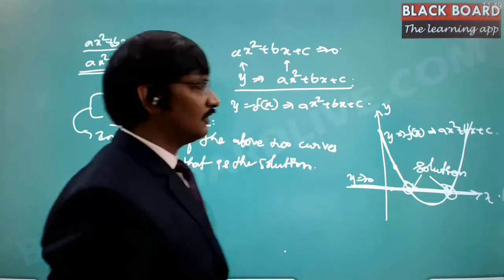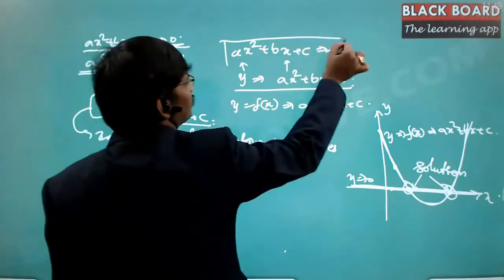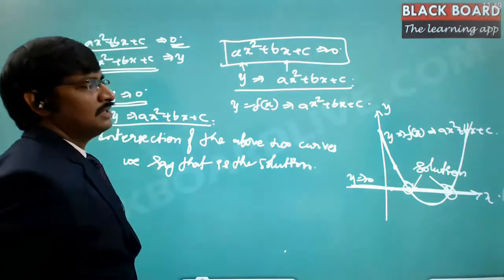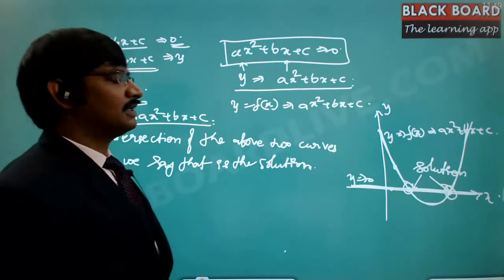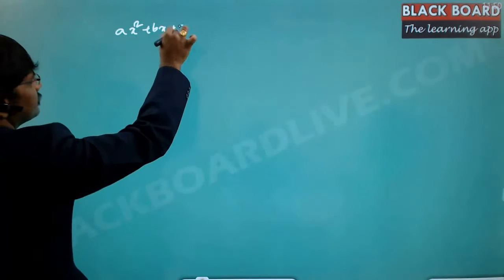Now to identify the solution, this is the equation. We want to identify the solution. The standard method of identifying the solution for a quadratic equation, that is ax square plus bx plus c equal to 0. Now I want to calculate the solution of this particular curve.